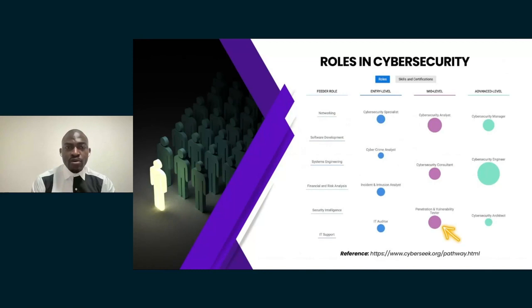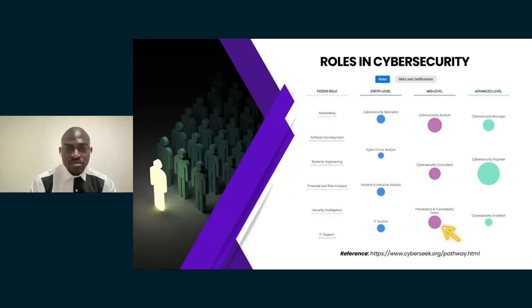Okay, so let's look at the roles in cybersecurity. There are different roles in cybersecurity, and according to CyberSec, these are all of the cybersecurity roles. We didn't even touch the CISO type of role. But in terms of technical skills, basic knowledge, and all of that, these are the basic roles that you have.